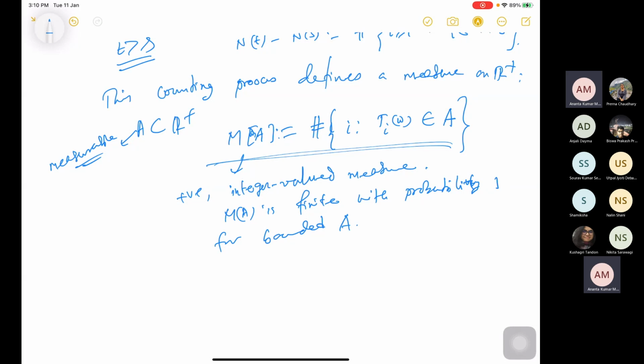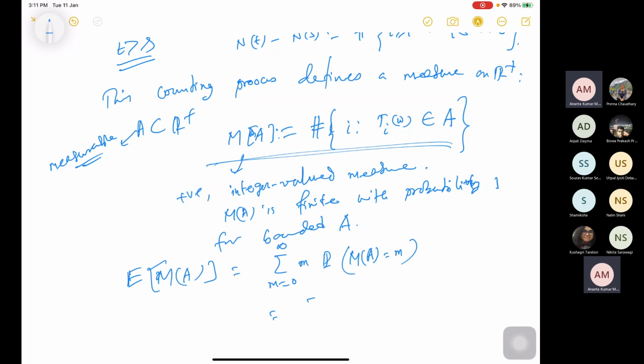Is it not? Now, I can say more: if you look at the expectation of M of A for any Borel measurable set A, what is this by definition? It is the sum over m equal to 0 to infinity of m times the probability that M of A is equal to small m.